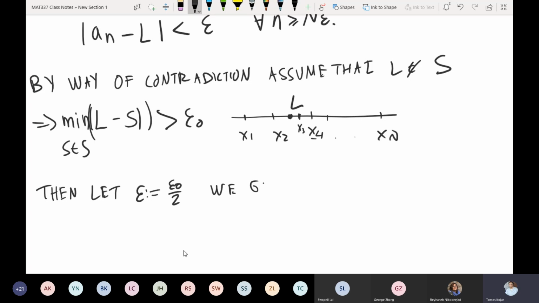We get |a_n minus L| is less than epsilon over 2. But this is also bigger.